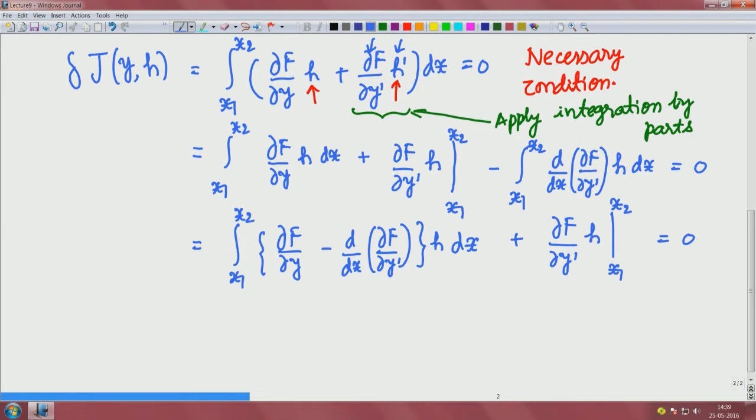Now, we have this integral and we have this boundary term, right. The sum of these two should be equal to 0. There are different possibilities, each one of them can be 0 or the sum can be 0, but the sum being 0 is a little bit tricky, because this particular term is evaluated only at the two ends x1 and x2, whereas this one is an integration over the entire domain.